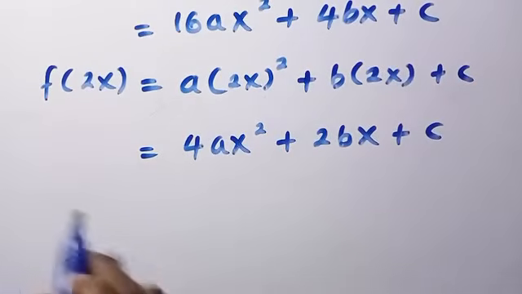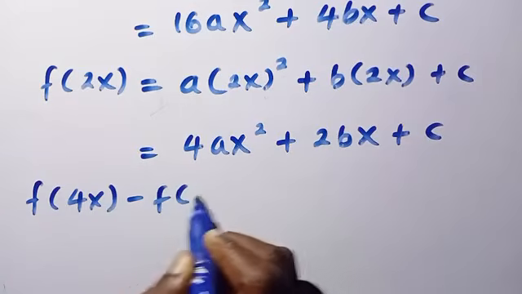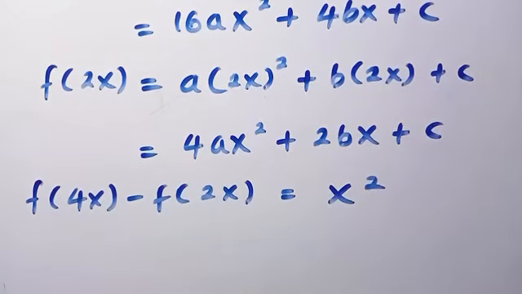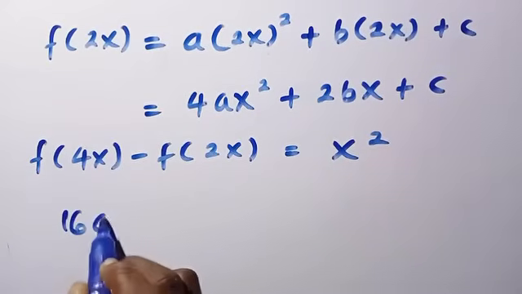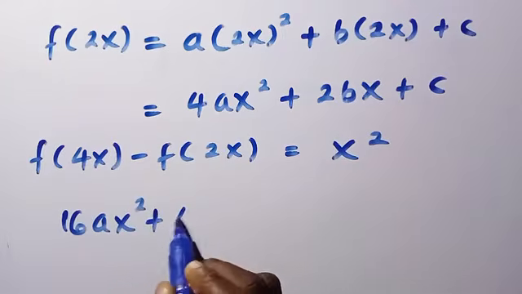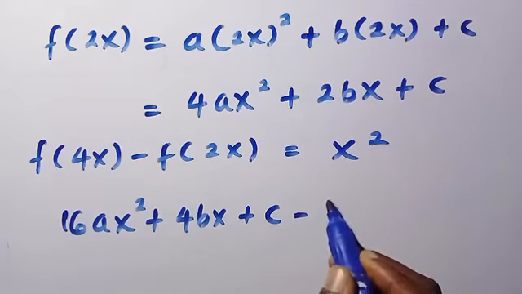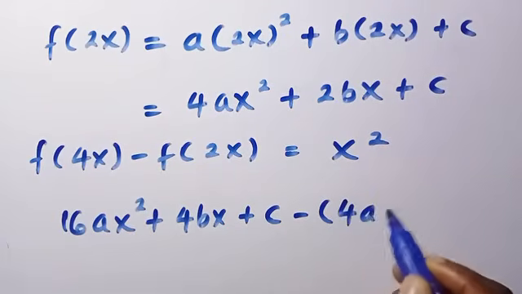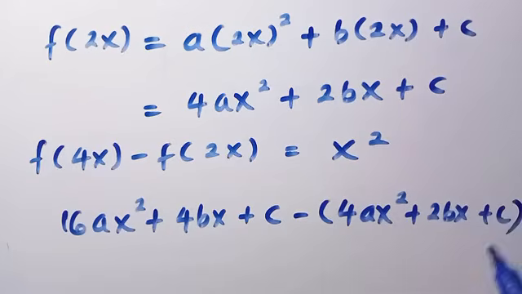After getting this, we combine them as f of 4x minus f of 2x equals x squared, where f of 4x is given as 16ax squared plus 4bx plus c, then minus open bracket, f of 2x given as 4ax squared plus 2bx plus c, and everything equals x squared.